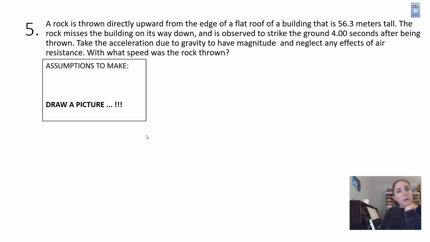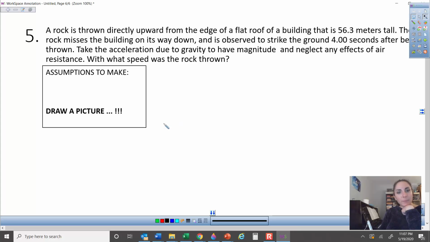Let's see this one. A rock is thrown directly upward from the edge of the flat roof of a building that is that tall. The rock misses the building on its way down, and is observed to strike the ground 4 seconds after being thrown. What was the speed the object was thrown? Okay, so we're working a little backwards here. Ooh, fun. And we're on top of this building.